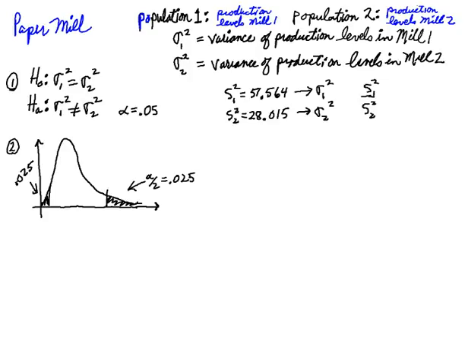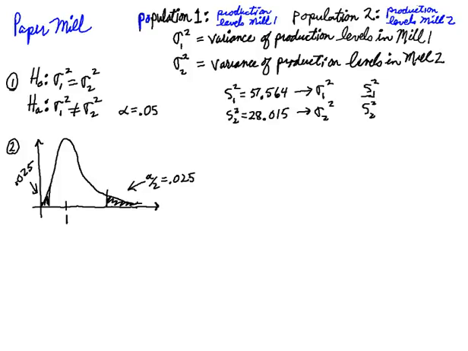If the null hypothesis is true, that sigma 1 squared is equal to sigma 2 squared, then our quotients of these sample variances should cluster around 1. So really, the quote-unquote center of this F distribution is 1. If the null is true, then this quotient of these sample variances should be pretty close to 1 in the quote-unquote center of this F distribution.